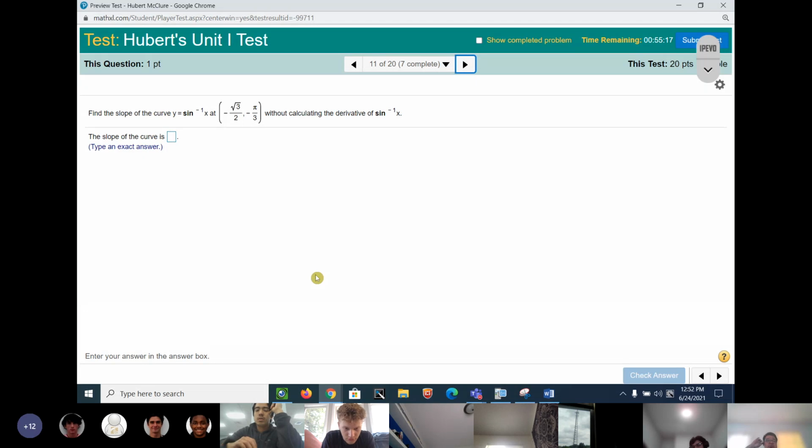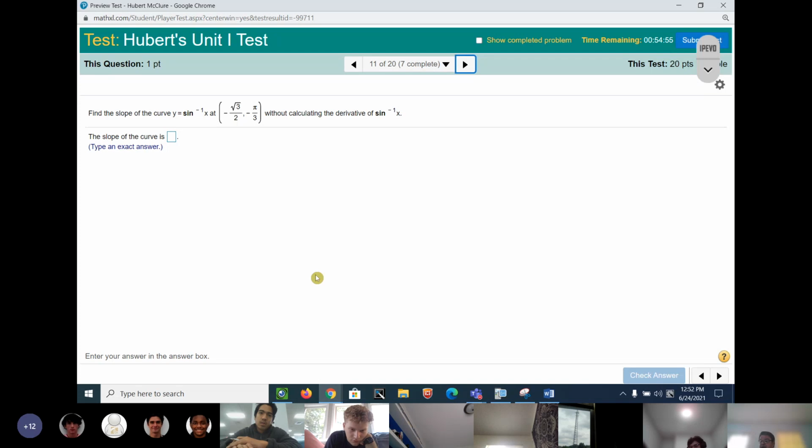So that means that x is in the x spot. So we put a parenthesis around that x. So that means that our function is going to be 1 over the square root of 1 minus x squared.